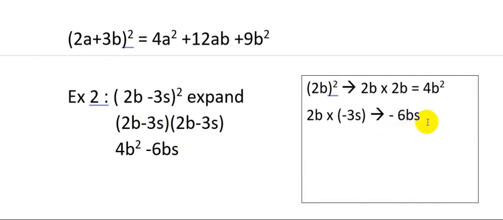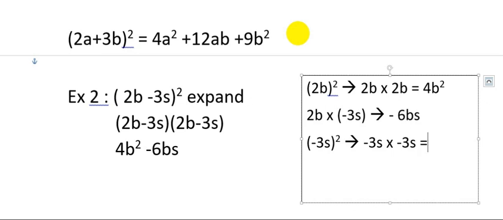Now we are going to write the last term, which means the square of the last term. The last term is minus 3s. So I must take minus 3s square, which means minus 3s multiplied by minus 3s, which is equal to, minus into minus is plus, 9s square.